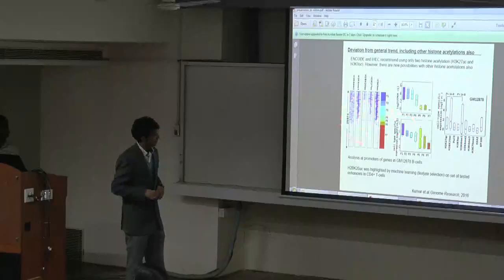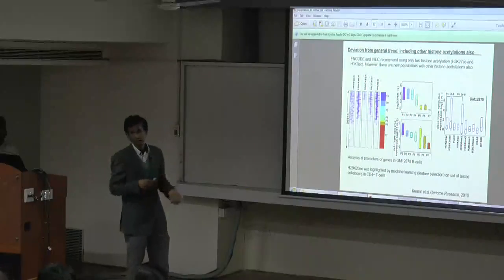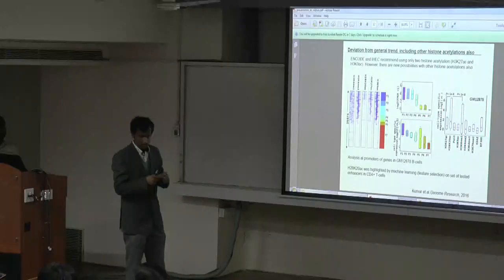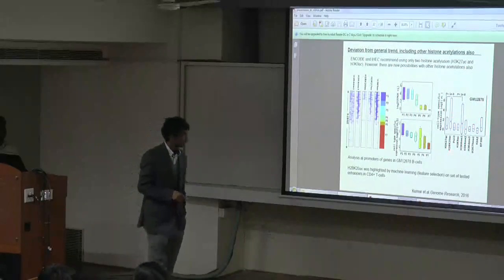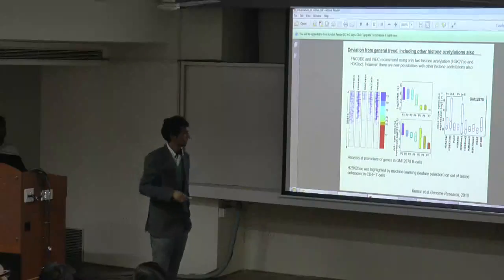But seeing this result, you can say it could be because multiple histone modifications sit there, and that's why you have more cell type specificity. But it's not like that. We did an independent test. We sorted the promoters according to different epigenomic signals. We took the top 1,000 promoters according to H2BK20 acetylation counts.